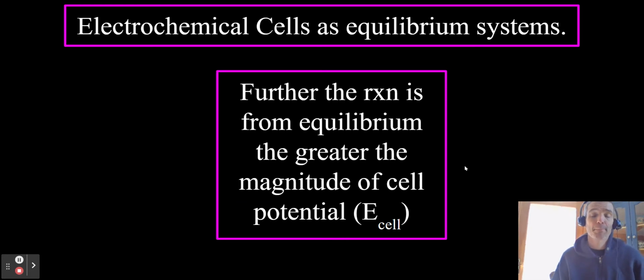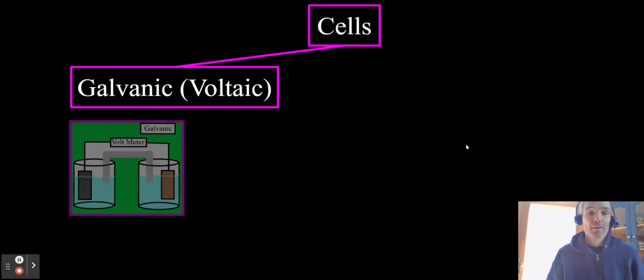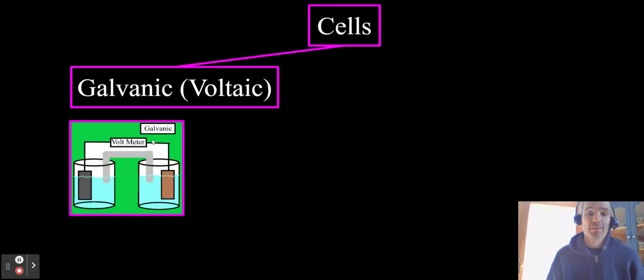And this means the further I get from my K value, the greater the difference, the more potential the cell is going to have. Let's look at it real quickly. Galvanic cells look like this.